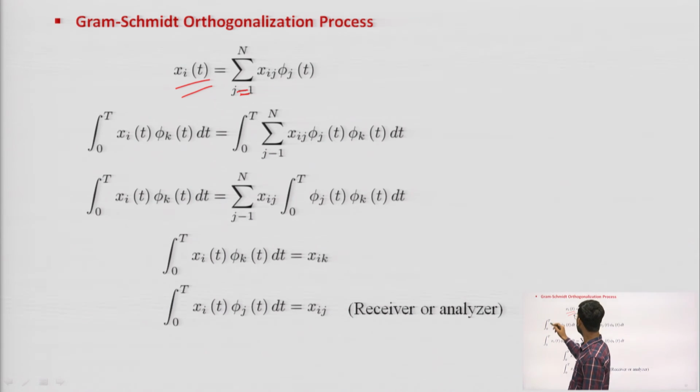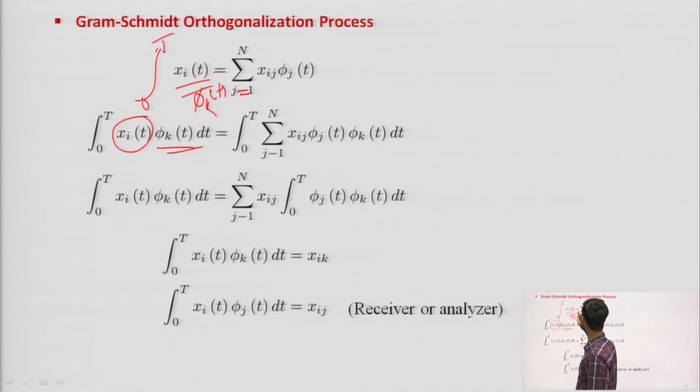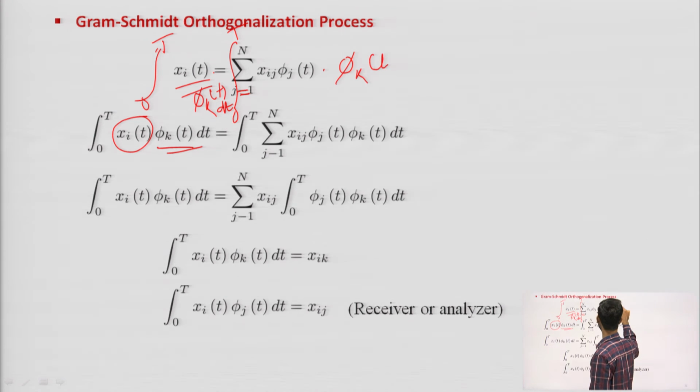Now if I integrate this from 0 to T, xi t multiplied by phi k t dt, the same case gives the integral from 0 to T of the sum of xij phi j of t into phi k of t dt. So xi of t phi k of t dt equals the sum over j equal to 1 to n of xij.